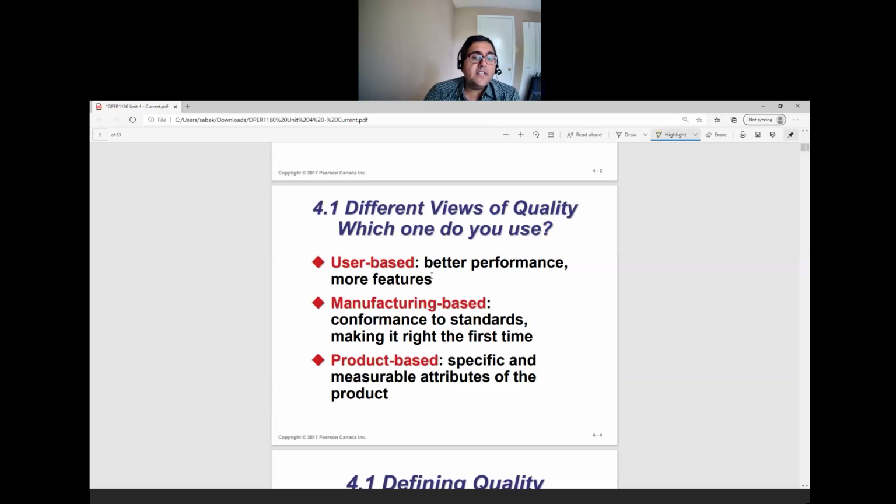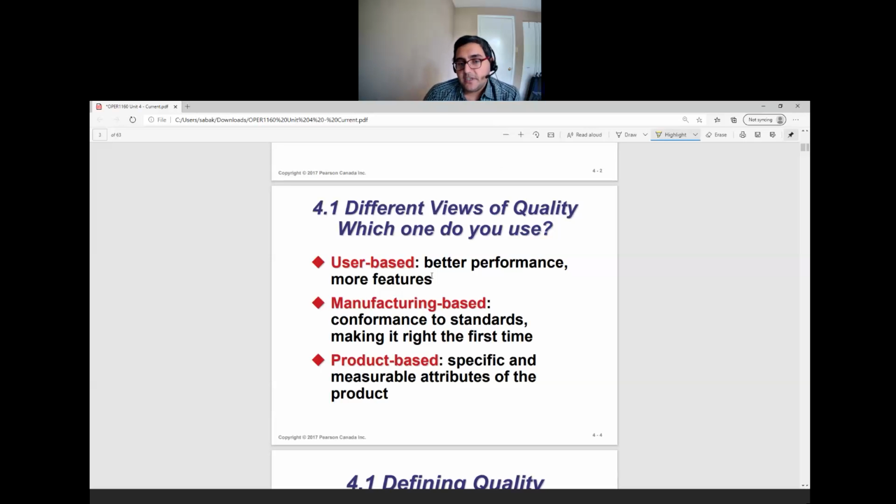Some customers feel that if a product or a service gives better performance or if it has more features, we call it a quality product. In the case of the manufacturing industry, think of a certain item, let's say this particular bolt as an example. How do I say whether this is of the right quality?